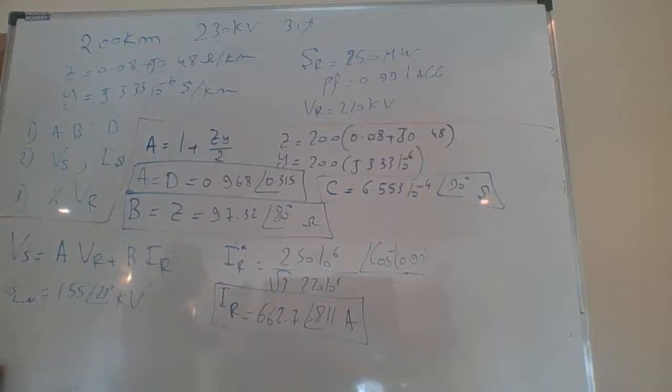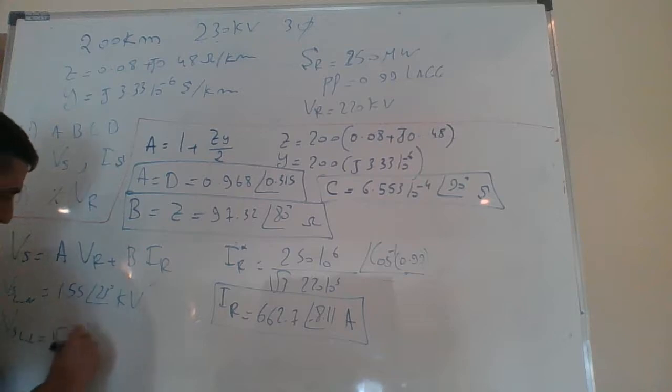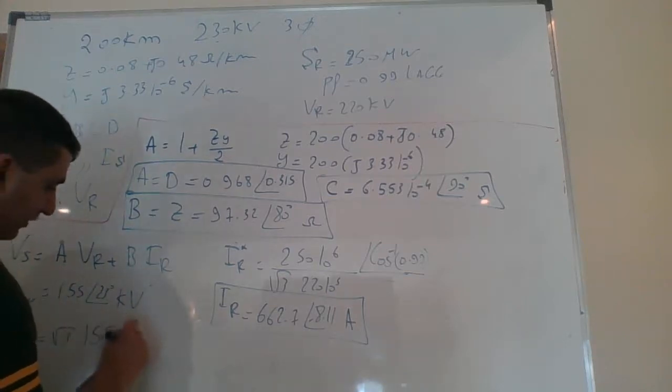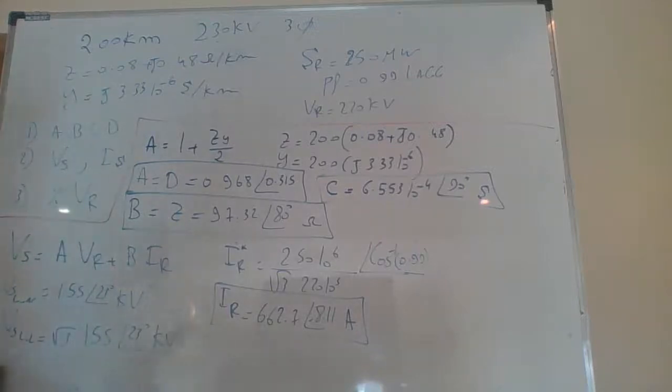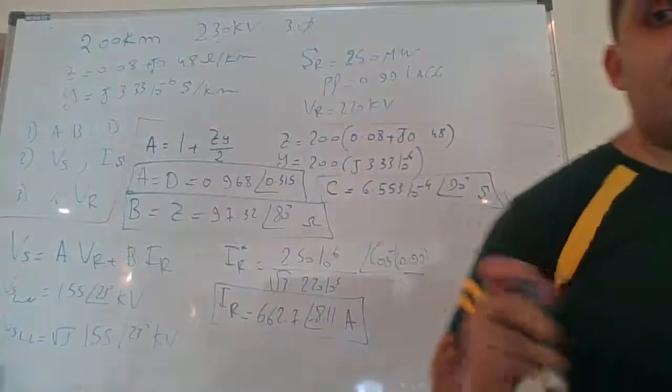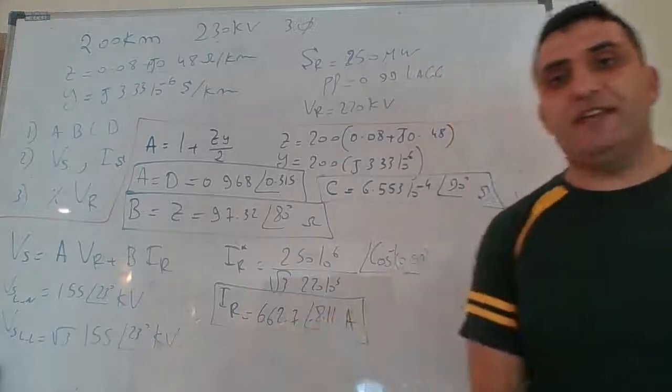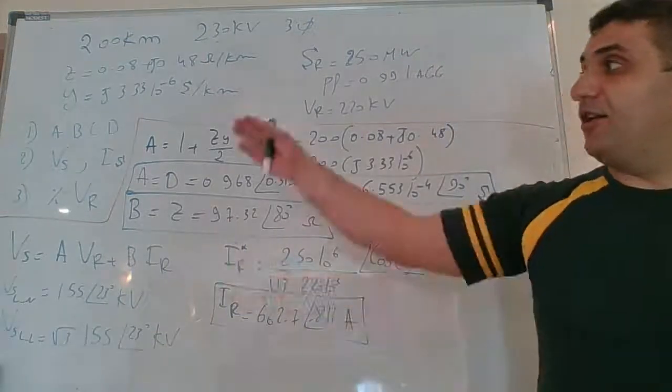When I do the VS line to line, I'll multiply root 3 times 155 angle 23 degrees kilovolt. That's it, I found VS. I need to find IS.